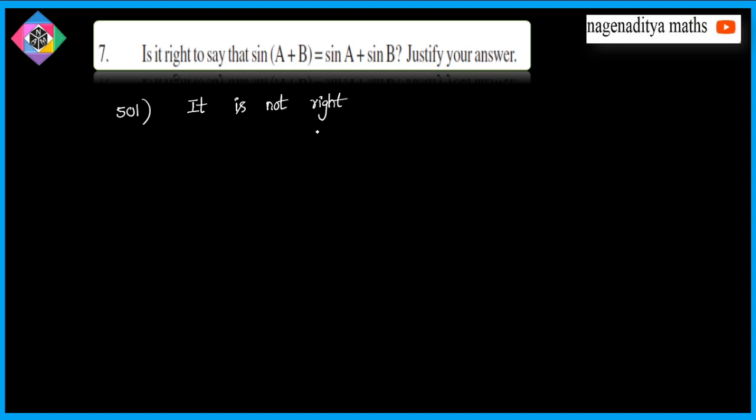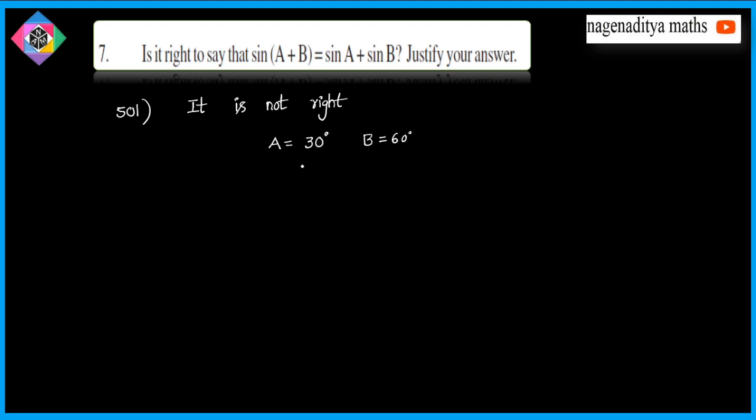It is not right. For example, if you take angle A equal to 30 degrees and angle B equal to 60 degrees.